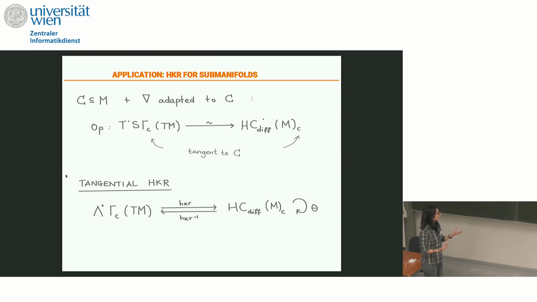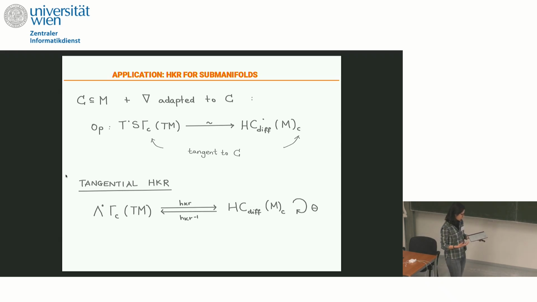This helped me to get a new version of HKR, which we call tangential HKR. It goes from, let's say, tangent multivector fields, so globally defined vector fields which restrict again to vector fields on C, to differential operators which are again tangent to C. There is no big deal here because you don't need to do much.